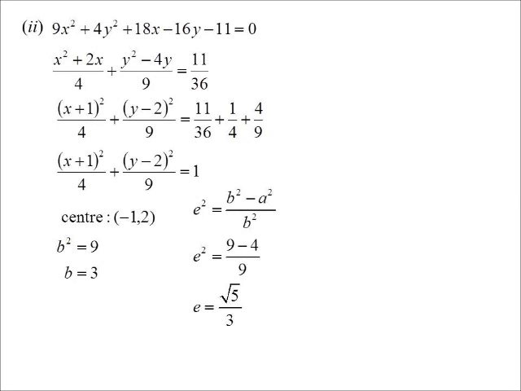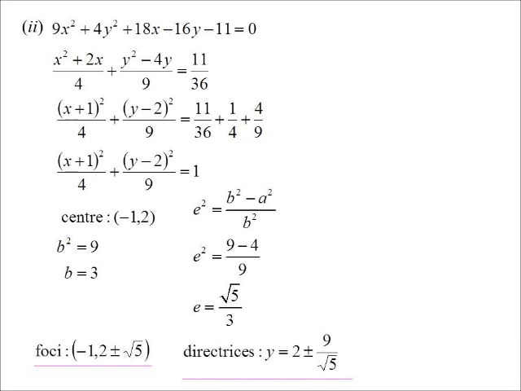It'll become b squared minus a squared on b squared. You can't get it wrong, because if you go a squared minus b squared for this one, you're going to end up with a negative number. And so e squared can't be negative. Okay. I suppose it's the bottom of the fraction that you might have a problem with, but you could get that bit wrong. But anyway, eccentricity. Root 5 on 3.